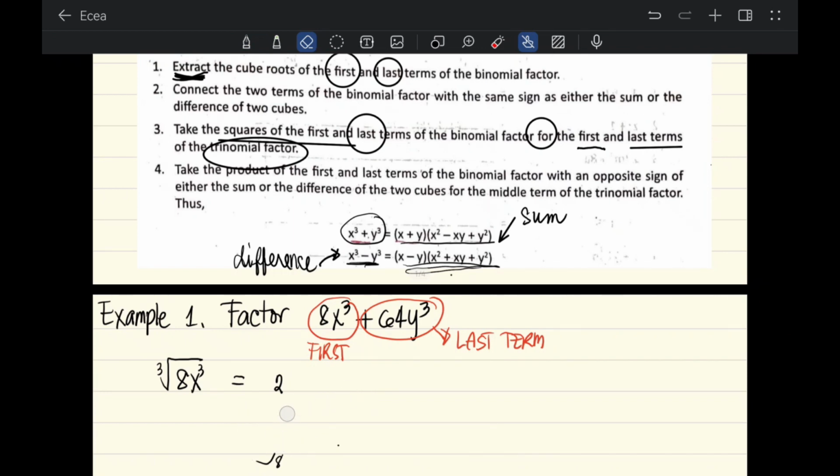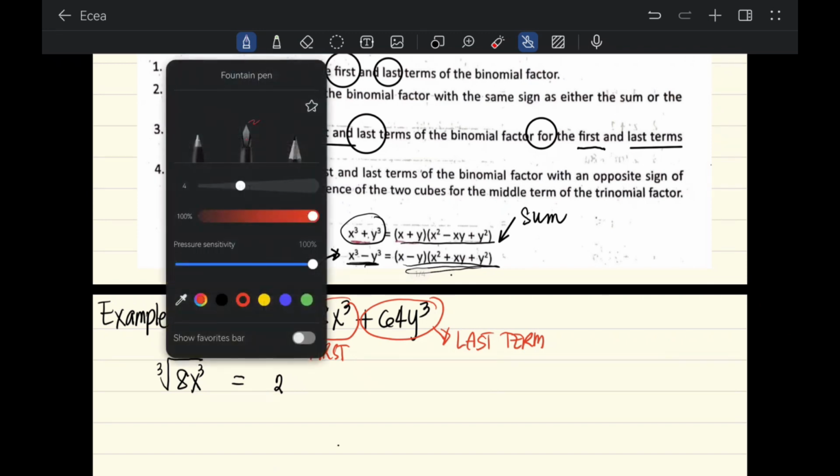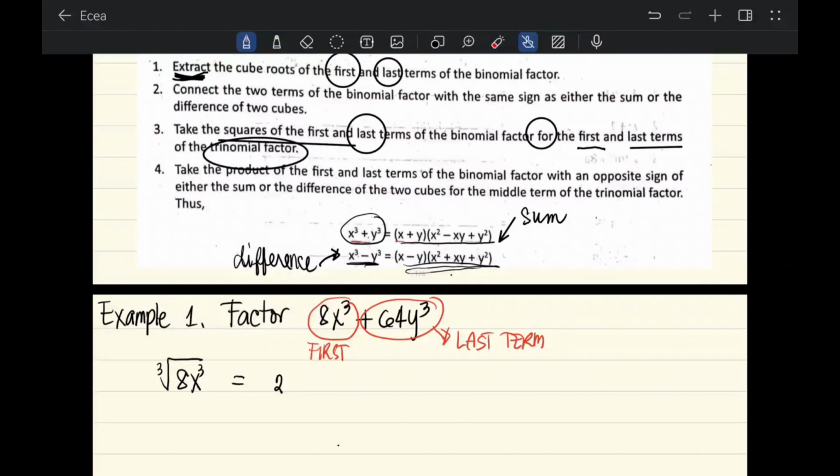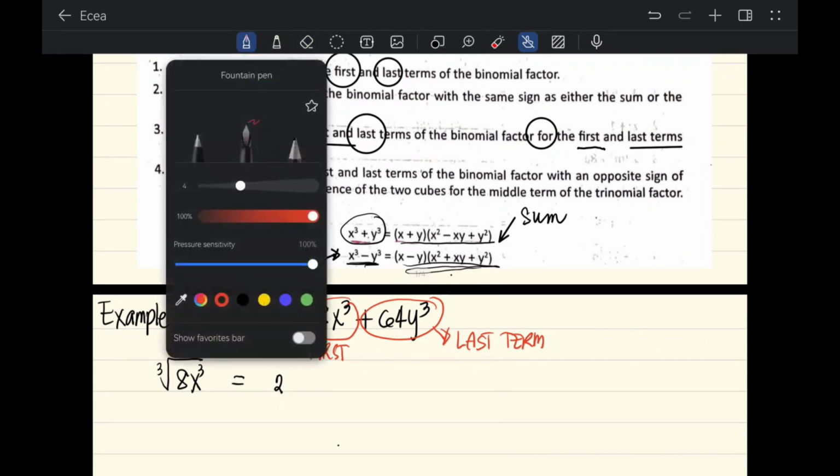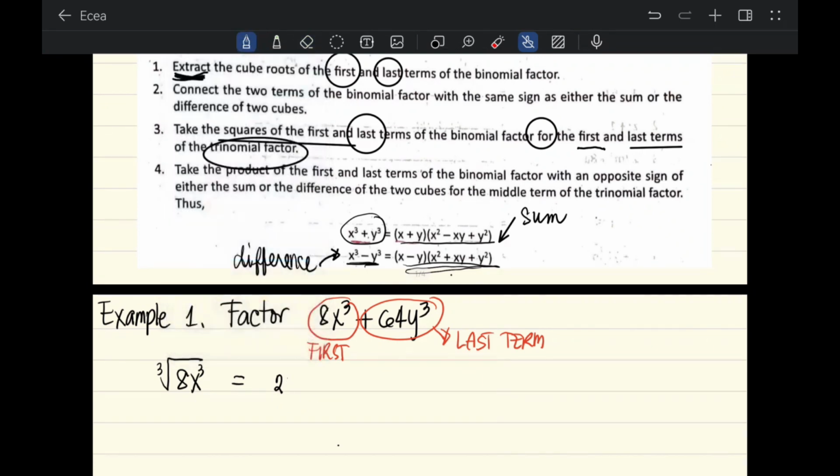Now, how about our variable x cubed? Now, in extracting the cube roots of variables, you just need to divide the exponents. So, that is x. Let me rewrite that one. That's x.